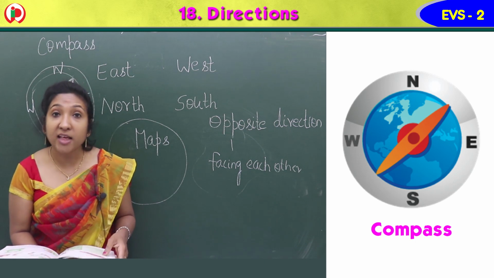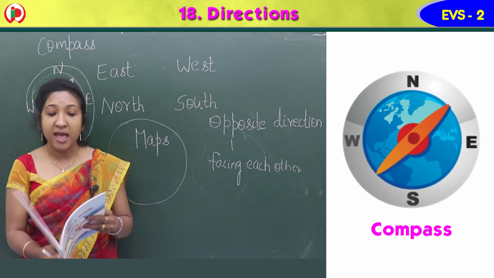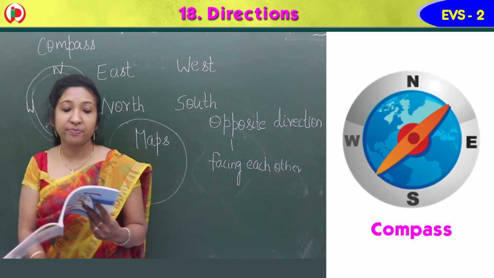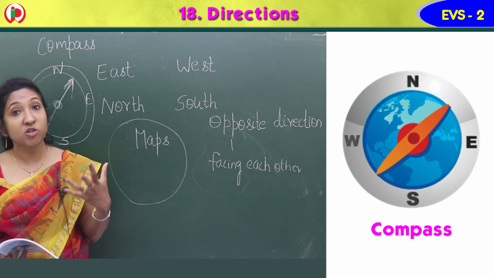So directions facing each other are opposite directions, and we use compass to find directions. There are many different directions also.